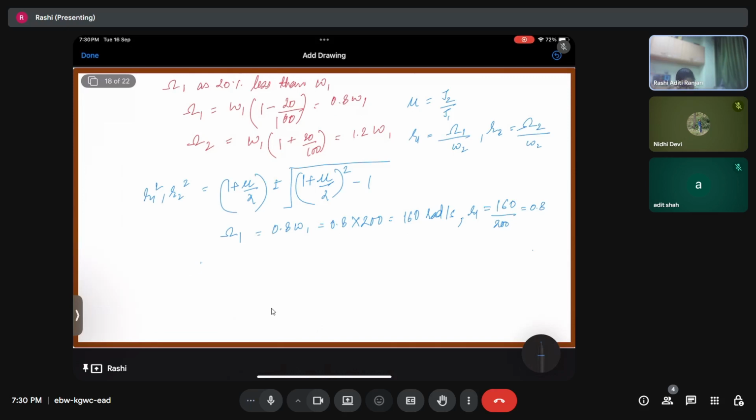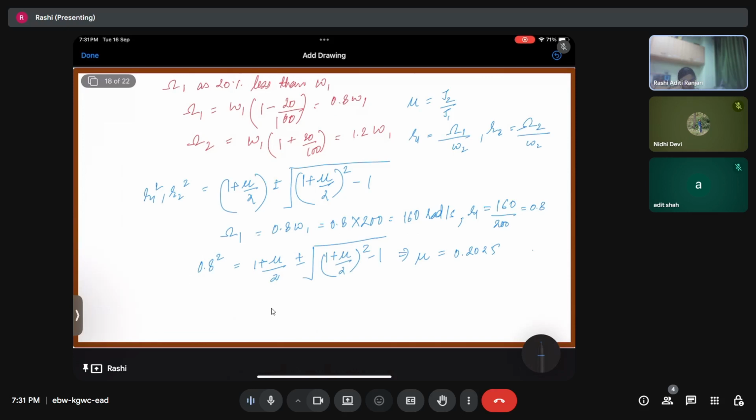So 0.8 square is going to be 0.8. Okay. So when you solve it, you'll get the value of mu as, I've already done it, 0.2025.